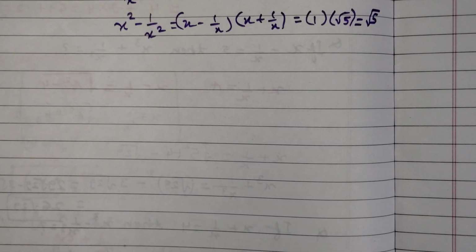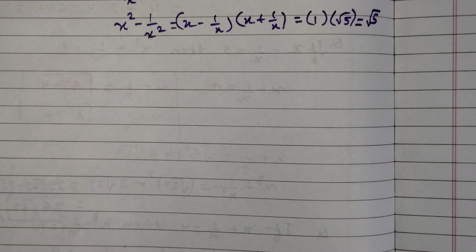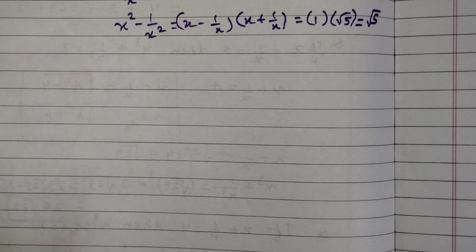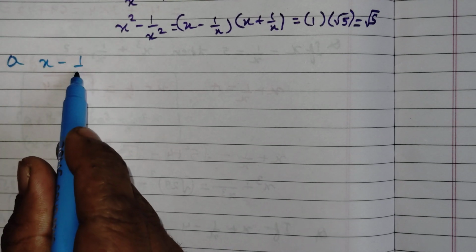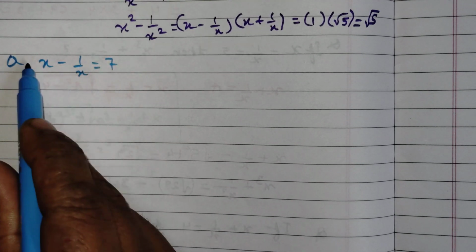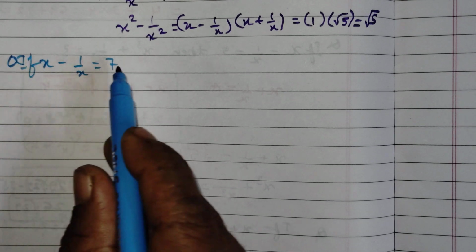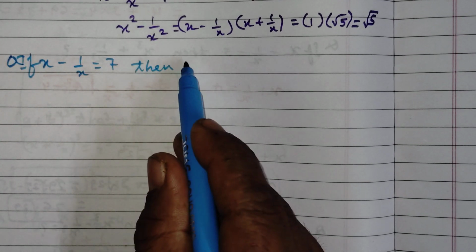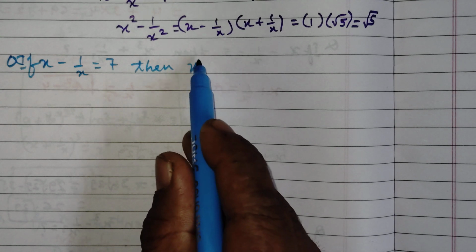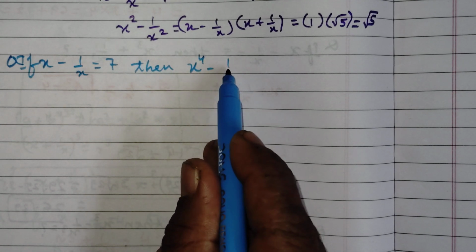Next our question is, x minus 1 upon x equal to 7. Then we have to find out x to the 4 minus 1 upon x to the 4.